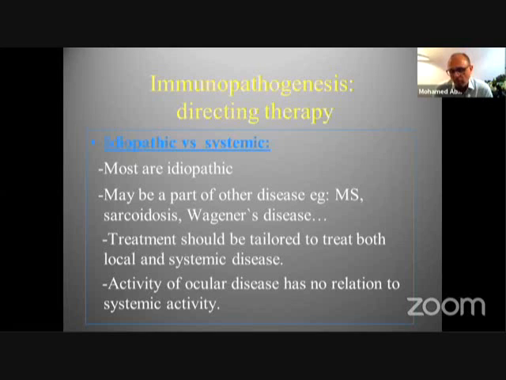It can be part of MS, as in pars planitis and vasculitis, for instance, sarcoidosis, Wegener's disease. Here, treatment should be tailored to treat both the systemic and local disease. And you should note that the activity of the ocular disease has no relation to the systemic disease, which means that you can have a very active ocular disease with no systemic inflammation, and the opposite is true.